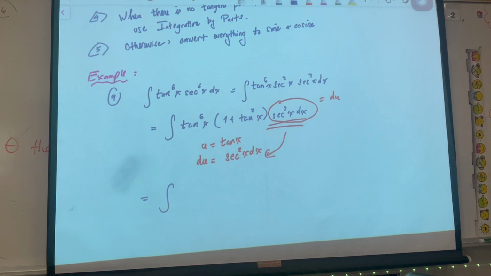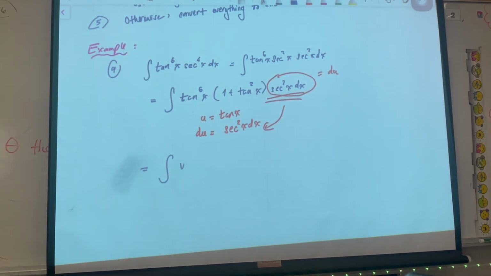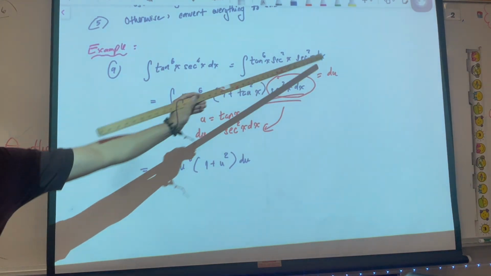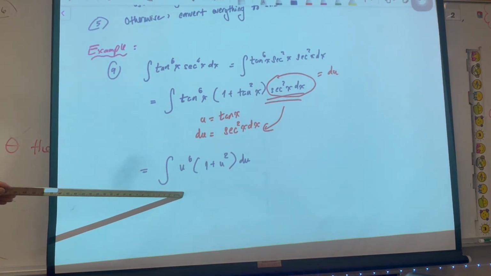Now tell me what you write. Tangent 6 becomes u to the 6, plus 1 plus u squared, and du. The whole thing here is du. So now you're basically done, right?